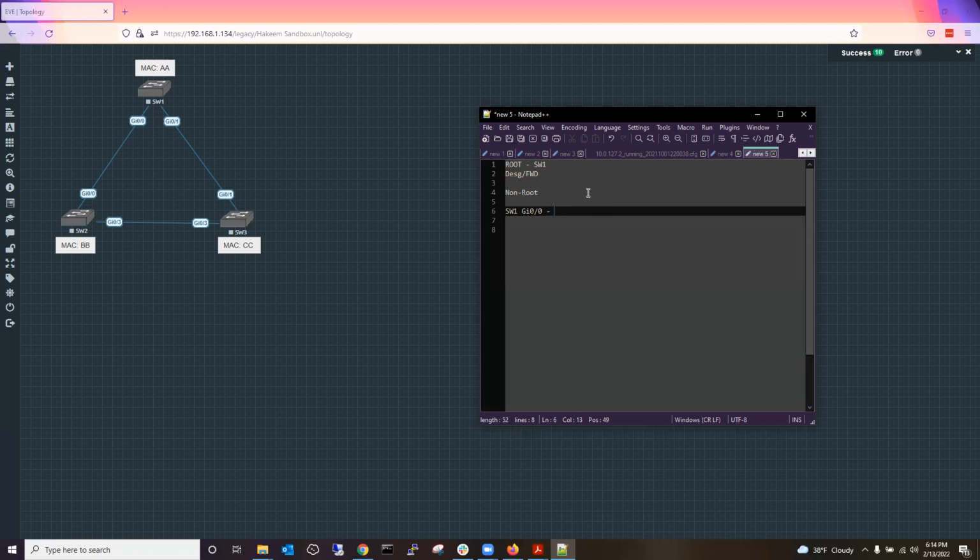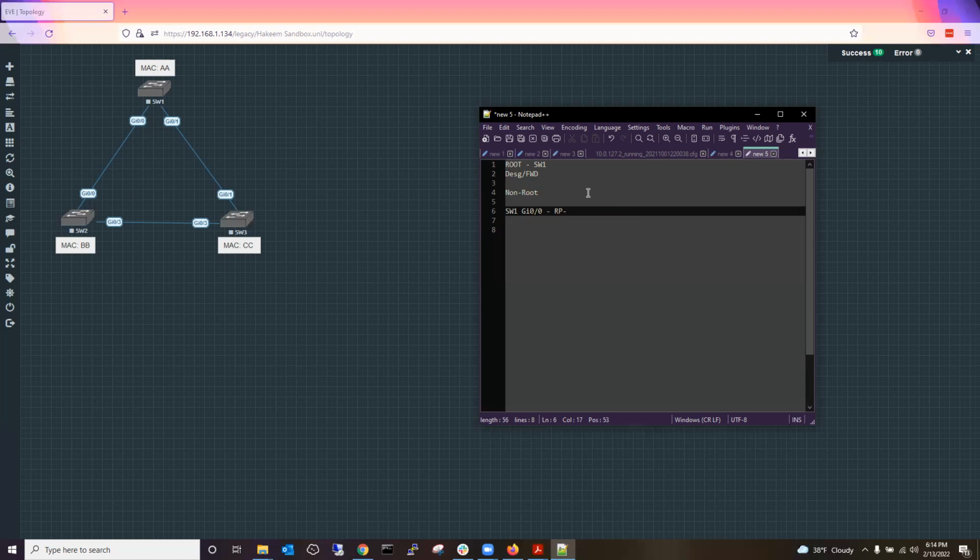So the cost of switch 2 to switch 1 on the gigabit 0/0 to gigabit 0/0 link is, I believe, 4 for gigabit. And in comparison to going from switch 2 to switch 3 back up to switch 1 is going to be 8 cost.